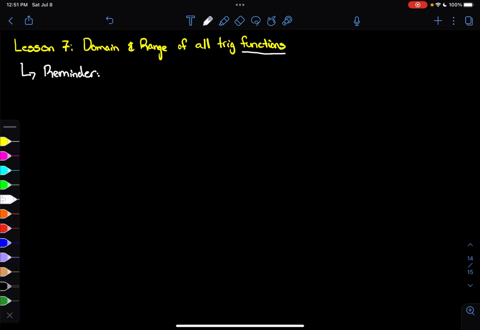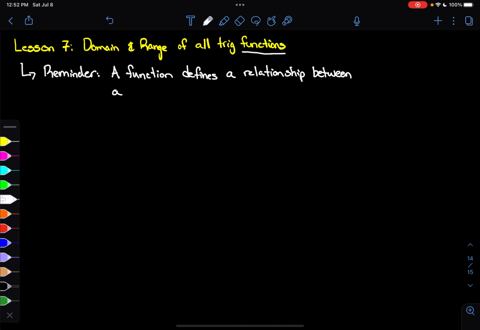a function, what is a function? A function kind of defines a relationship between what we call a set or a collection, a set of inputs and outputs.